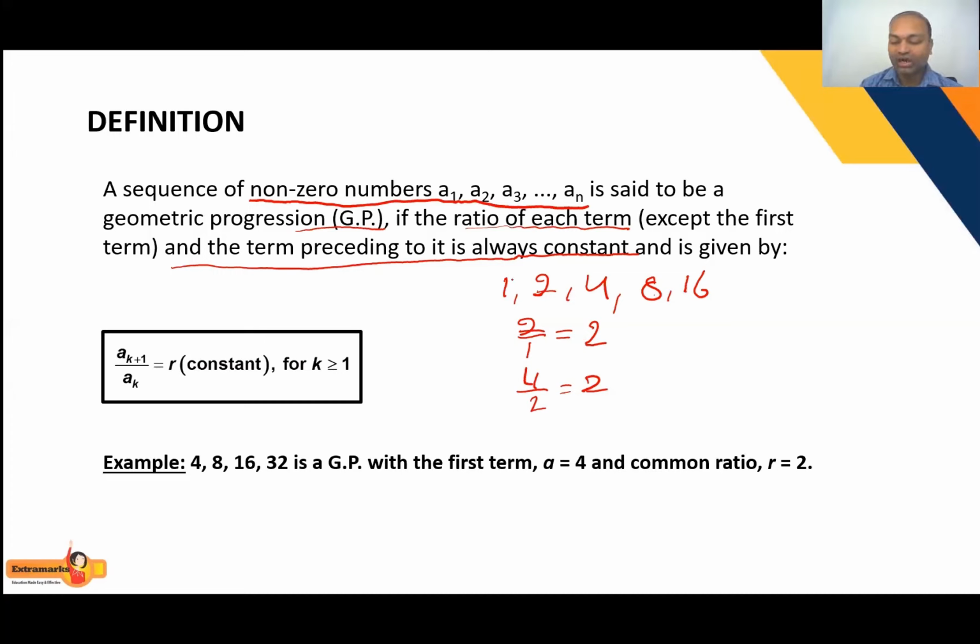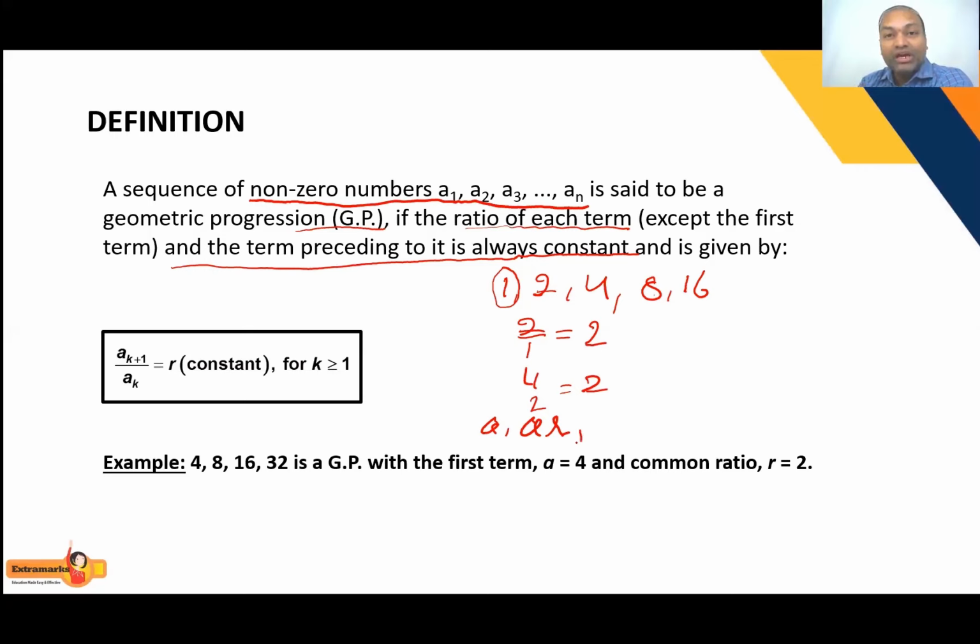And here 1 is called the first term. In general, the first term is denoted with a. Now, observe this. I am taking the general terms of a GP. First I am taking a. The next term will be the first term multiplied by the common ratio. I am taking the common ratio as r. Then the second term will be a into r, so ar.